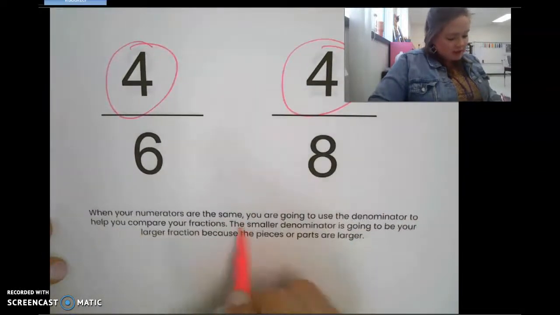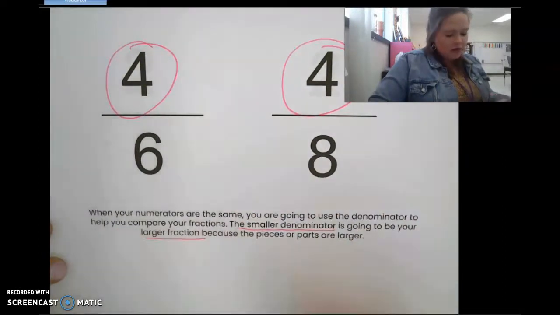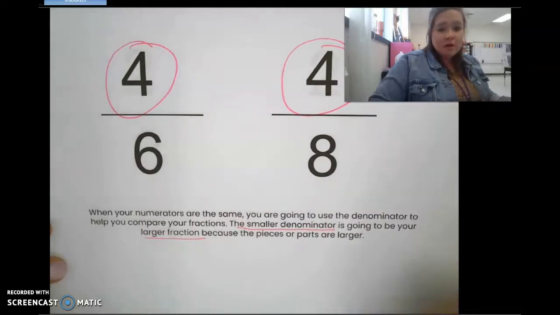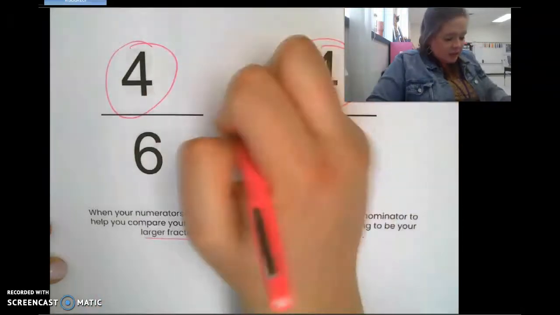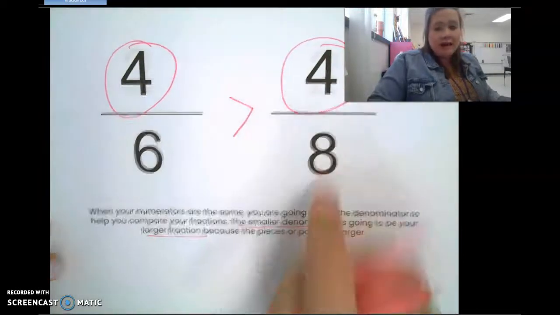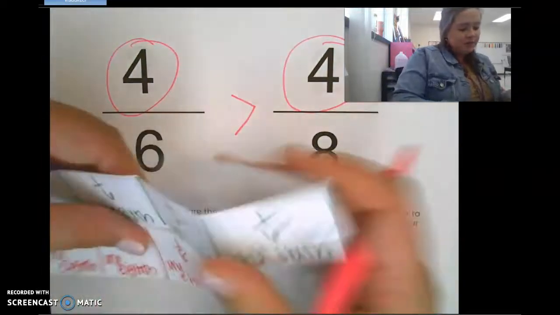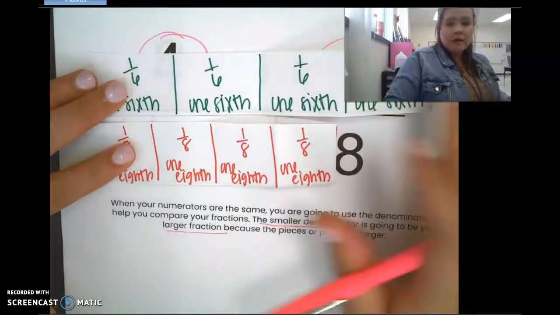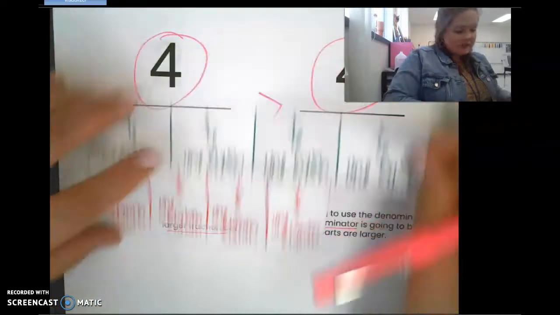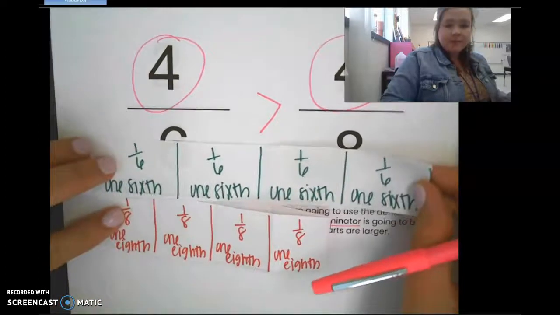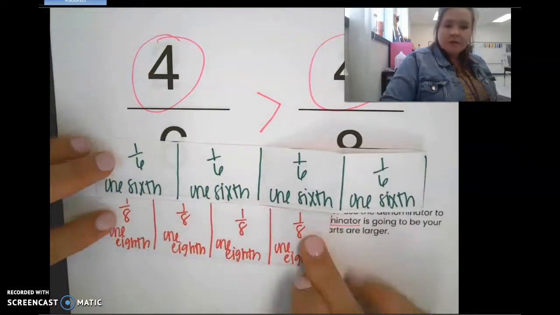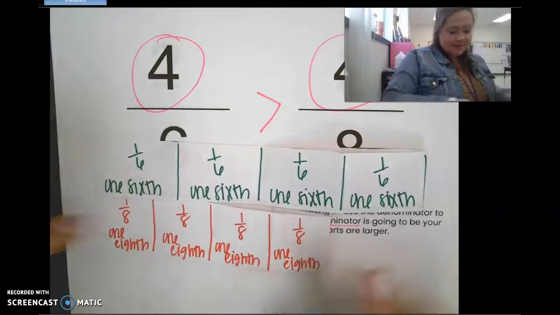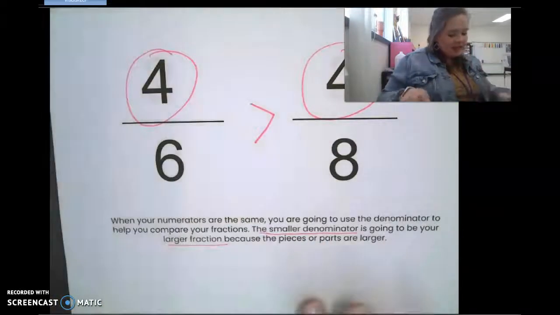So the smaller denominator is going to be your larger fraction. So 4/6 is greater than 4/8. And let's see if that's true. Is 4/6 more than 4/8? It sure is.